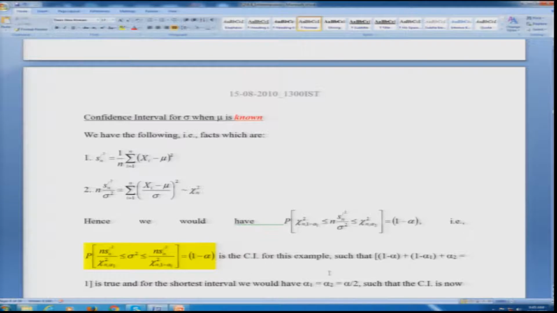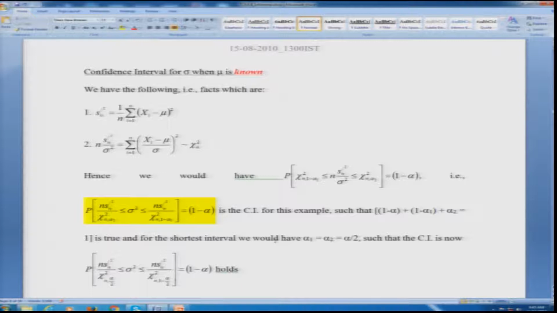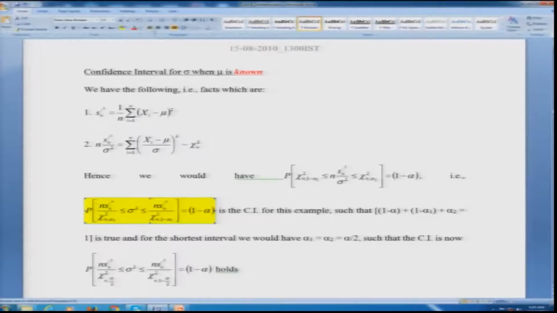Now, for simplicity, to find the shortest interval, as you read in the lines given, we can basically assume alpha 1 is equal to alpha 2 is equal to alpha by 2, and we can solve the problems accordingly.